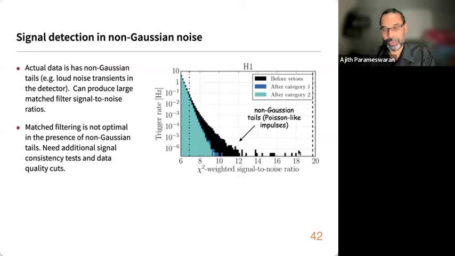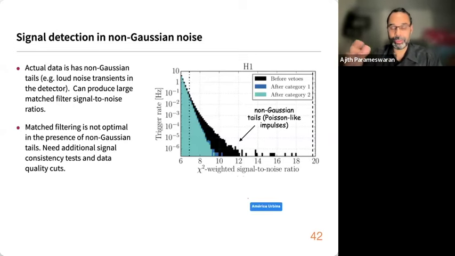You see some events with very large values of this chi-square, which you don't expect from pure Gaussian noise. So one has to develop some methods to clean the data from these non-Gaussian transients that are actually there in the data.